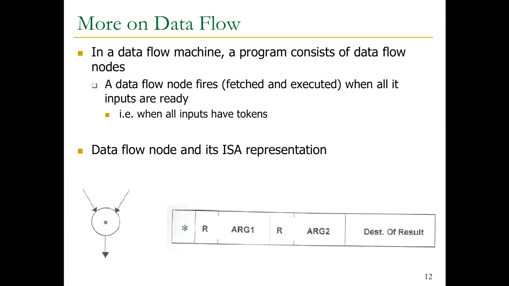Whenever a data flow node fires, it sends its result to the destination. And at the destination, there's a matching logic that basically checks whether both inputs are ready. So you can think of this as an associative memory. You do comparisons. A node, whenever it fires, sends its result to the destination, either directly.